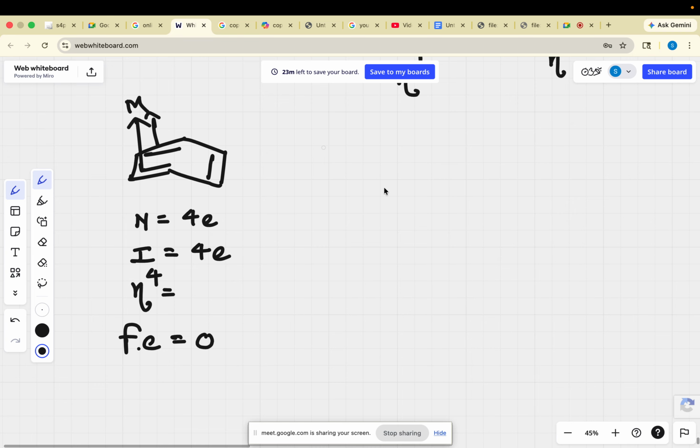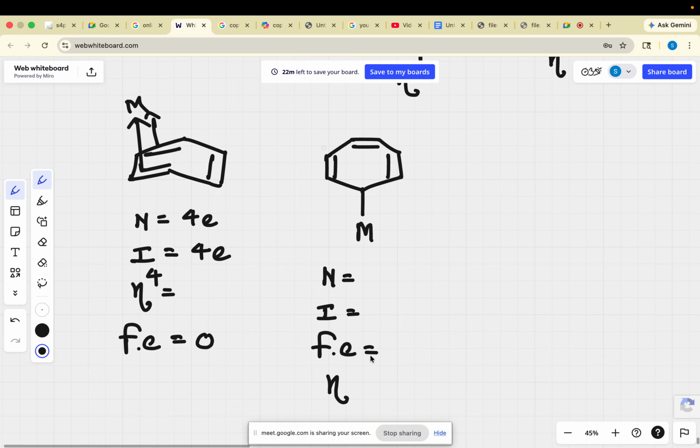Fine. Now suppose you have this 1 2 3 4 5 6 7. Here I have double bond, here double bond, here double bond, and this is attaching with the metal center. So neutral method how many electrons, ionic method how many electrons, formal charge and eta.